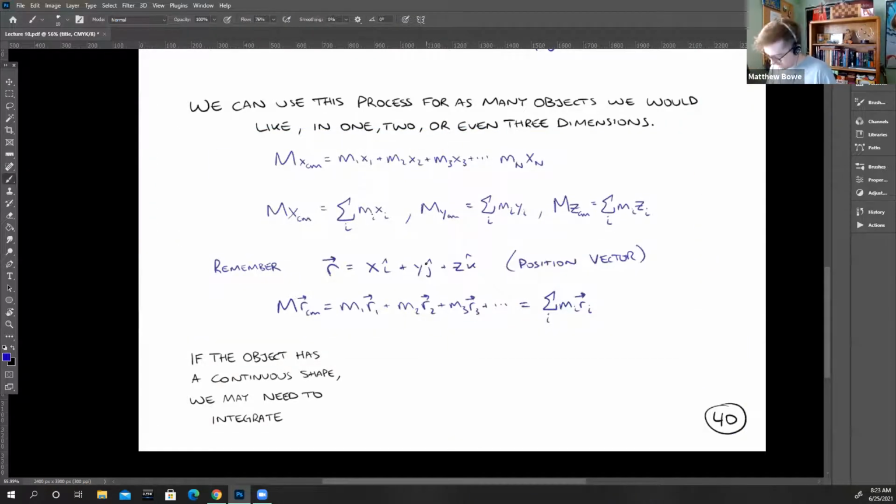So I'll write this down and we'll do a little page on integration in a moment. So this is just the integral of the position vector with each individual small slice of mass.